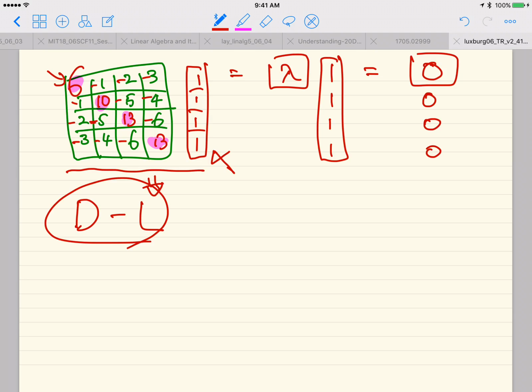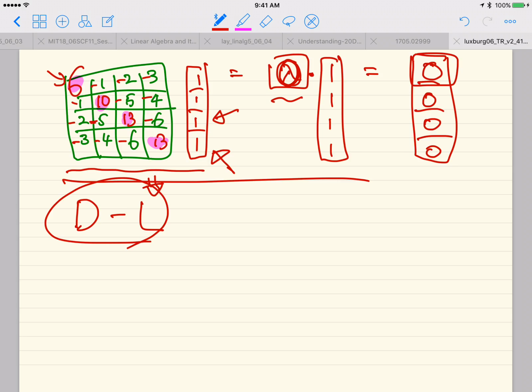So if we use this, all ones, as an eigenvector, we will always end up with the zero vector, which is 0 times 1. That way this will satisfy this equation, and the corresponding eigenvalue will become 0, right?